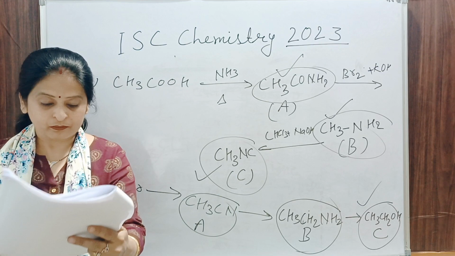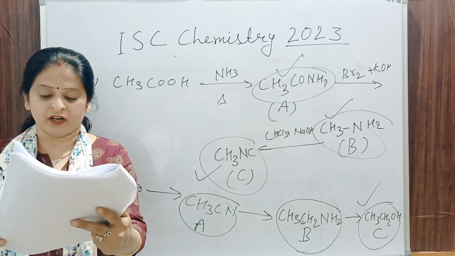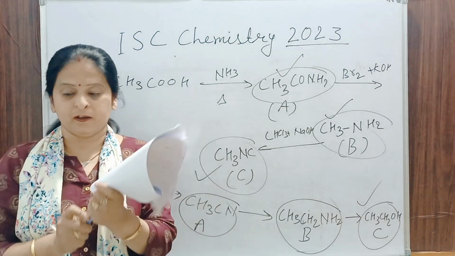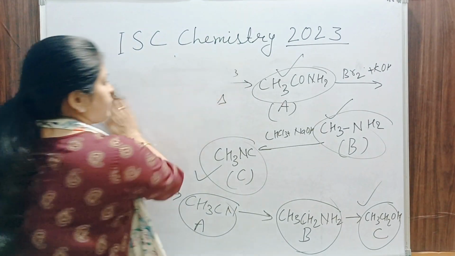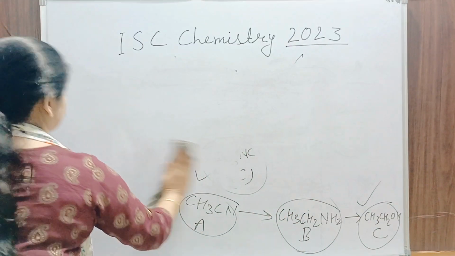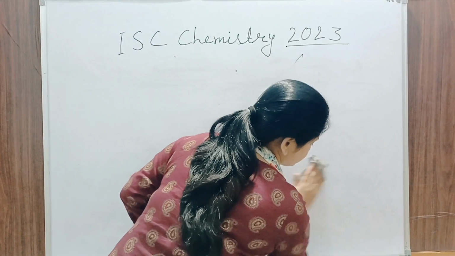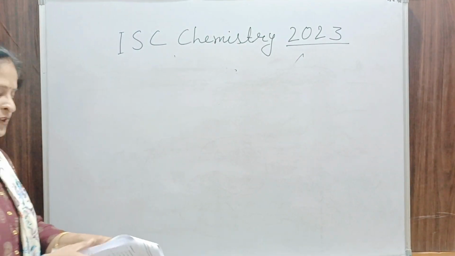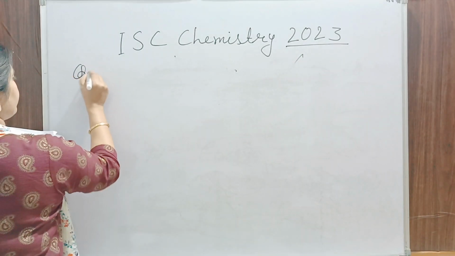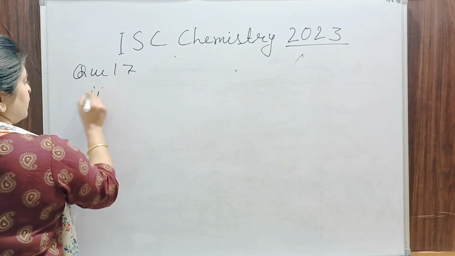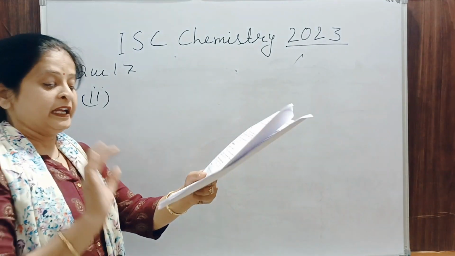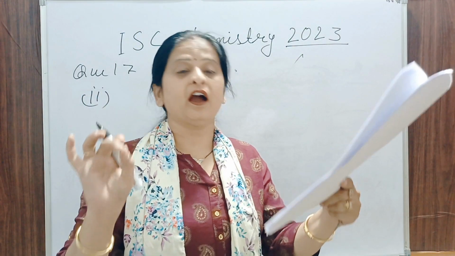Then the second one. How will you convert the following? Give chemical equations only. Question number 17 second: ethyl bromide to ethyl isocyanide.